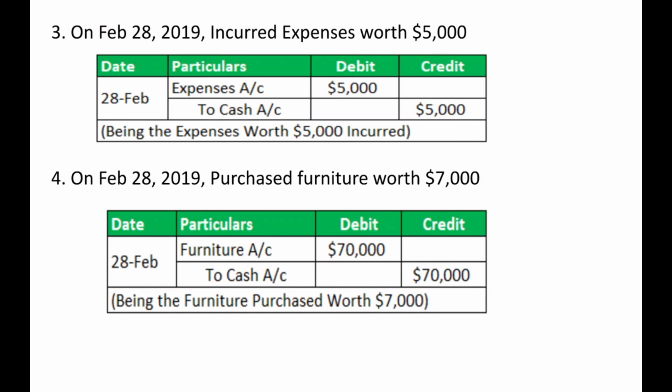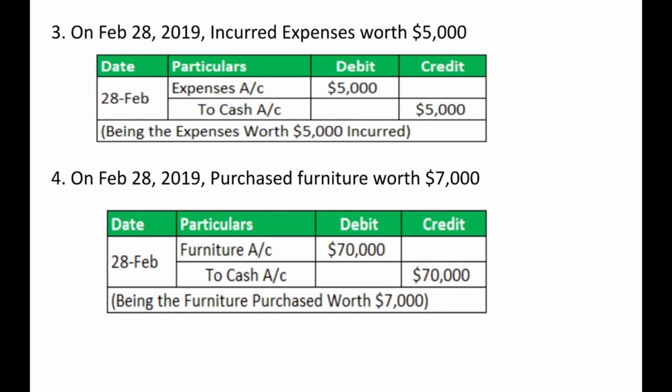We need to pay cash, so the cash will go out, and that comes under credit. So the entry is expenditure account debit to cash account. Whatever expenditure is incurred comes under debit, and cash goes out, so cash is credit. The narration is: being expenses worth $5,000 incurred.